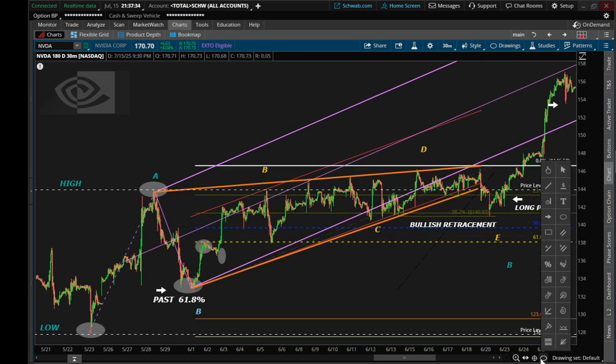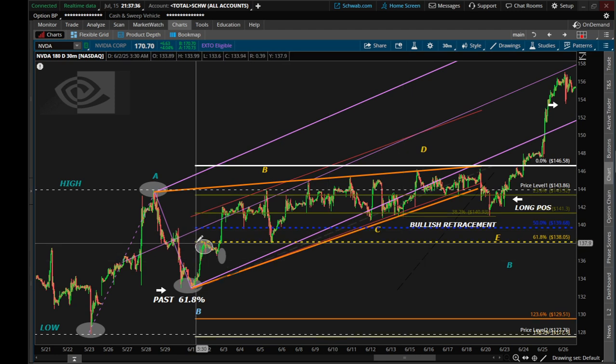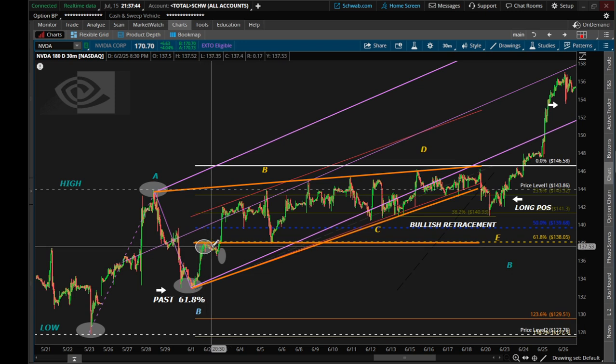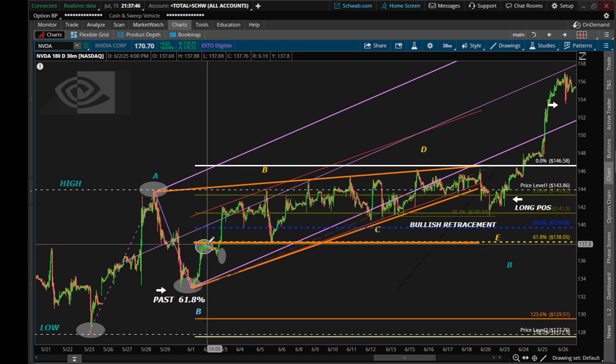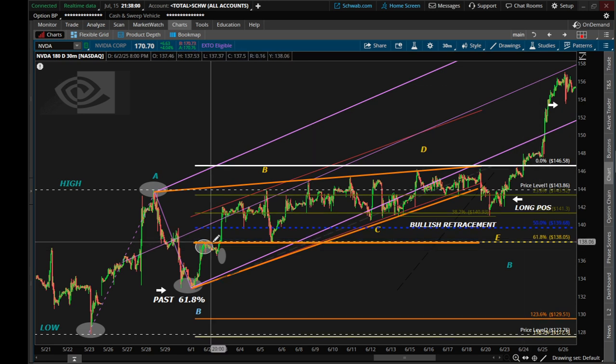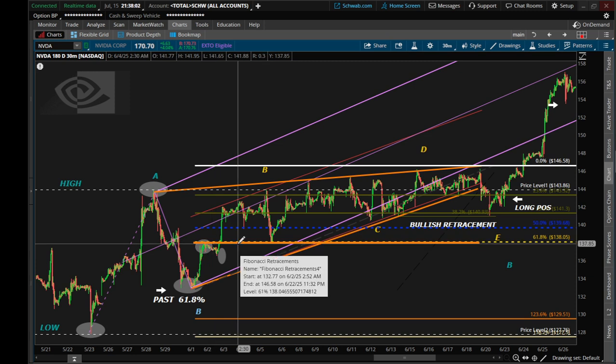The reason I'm bringing that up is because in this new wave theory count, anything below this next A wave in a smaller degree, which would be a minor degree, and I usually label that in white, this A and this B, anything below that is a change in trend. Notice also the 61.8 acts as a support also.